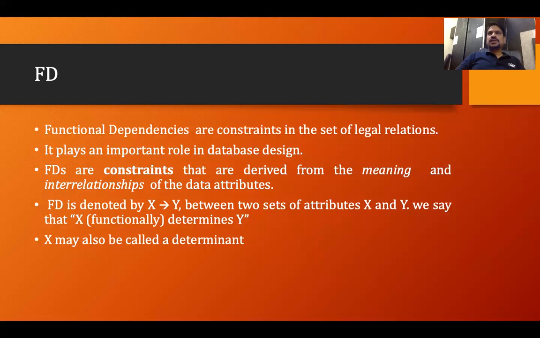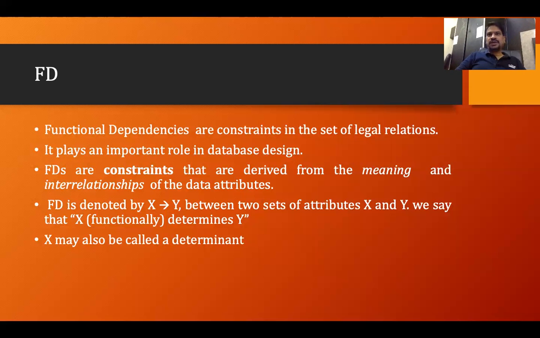So when we create a table, we define the primary key, and based on the primary key, we enter the values into the table, which are different from each other, right?